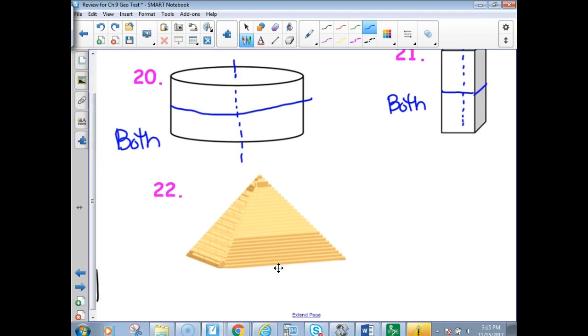I know it's very hard to see. I heard it's very, very pale on your worksheet. It's supposed to be a pyramid, okay? And it's got a rectangular base. So can you spin it without having to go 360? Yep, you sure can, because you can do a half turn, right? And it would spin on its axis 180 degrees and map onto itself.